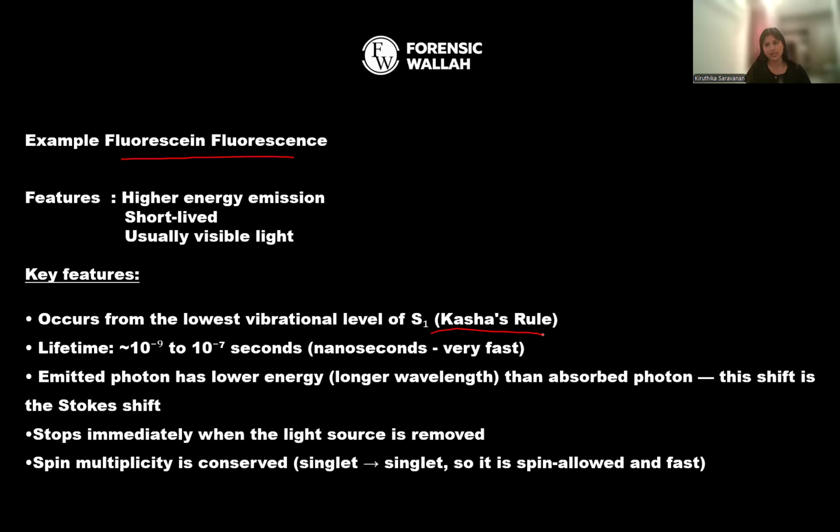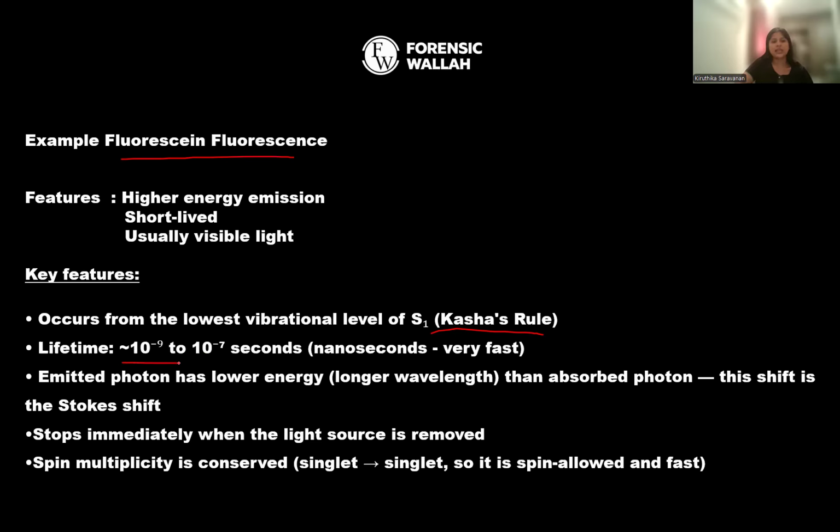It's basically in a relaxed state. Molecules, when they are absorbing the light, move from the ground state to the first singlet excited state. S1 is the actual state where the molecules absorb the light and undergo vibrational relaxation. So emission occurs from the lowest vibrational level of S1, that is Kasha's rule.